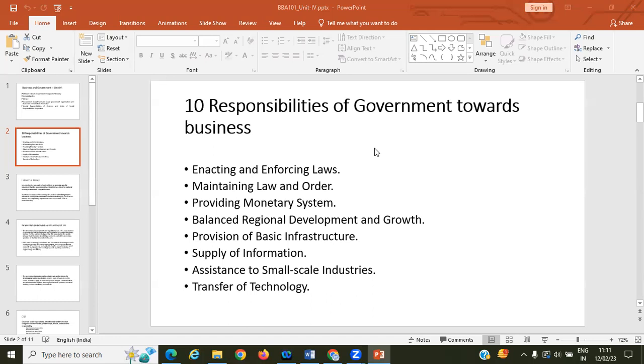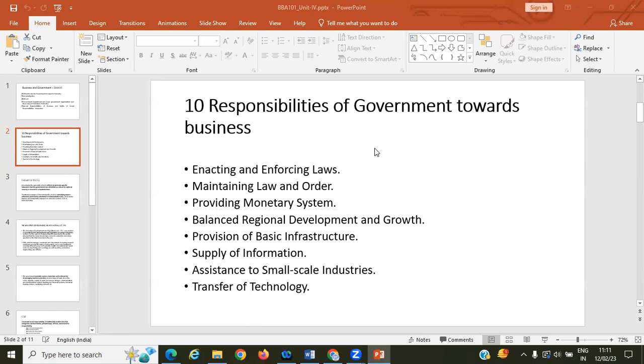Provision of basic infrastructure. What is the basic infrastructure? If you have a business, government is responsible to provide electricity, water, roads and transport, railway, everything. Depending on the business size, government is responsible to do the basic infrastructure.